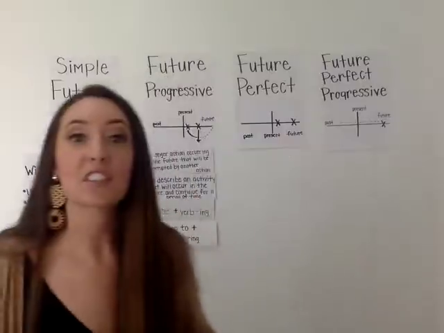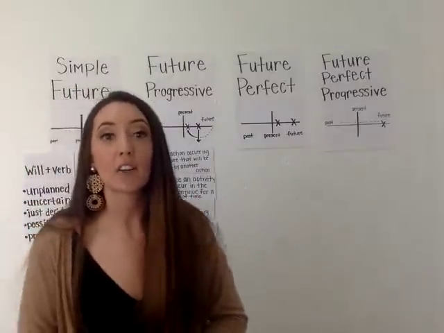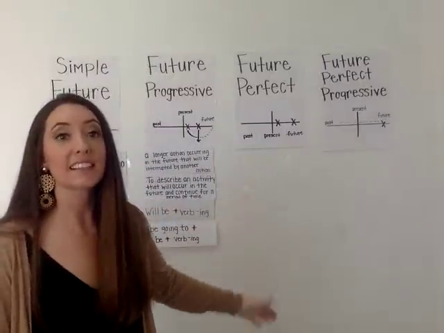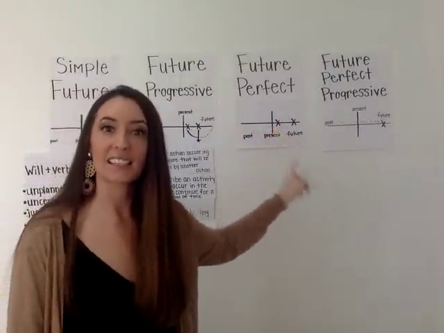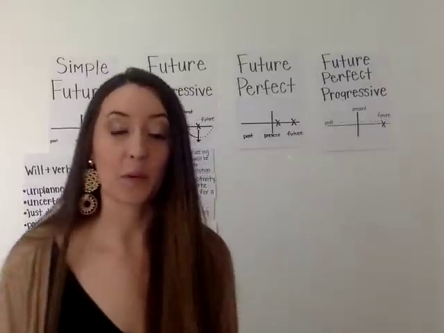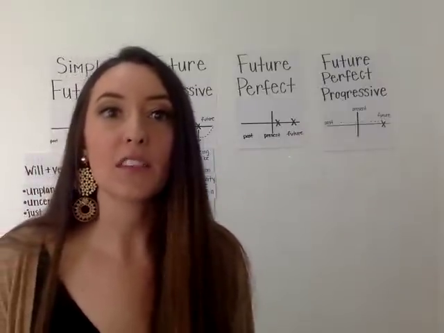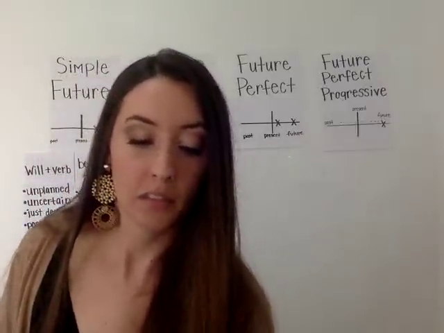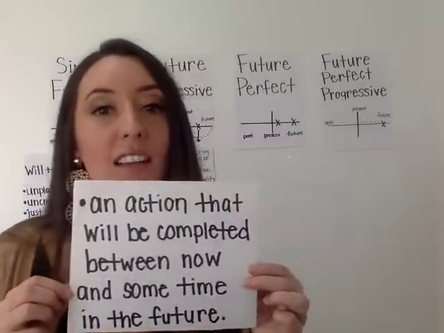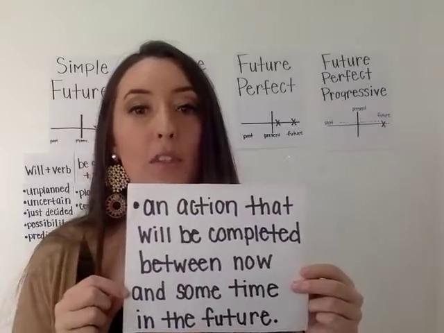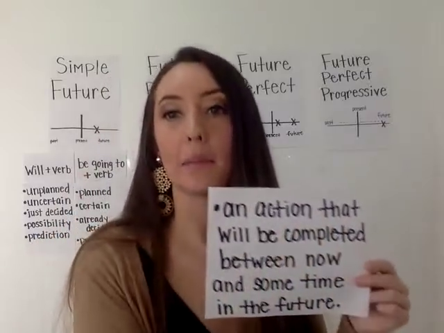So now that we finished simple future and future progressive, we are going to continue with future perfect and future perfect progressive or future perfect continuous. It has both names, okay? So let's start with future perfect. We use future perfect when an action will be completed between now and sometime in the future.